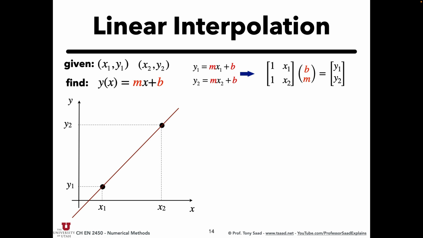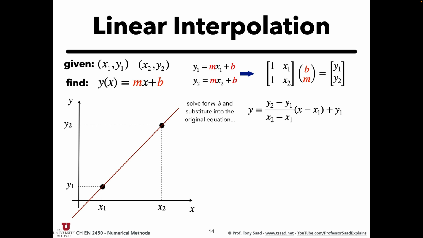We did it by hand manually, right? But you can invert this system and get the exact solution for any case. So now you can solve for m and b and substitute, and you get this general equation. The slope is y2 minus y1 over x2 minus x1, right? And the intercept, I rearrange things a little bit.